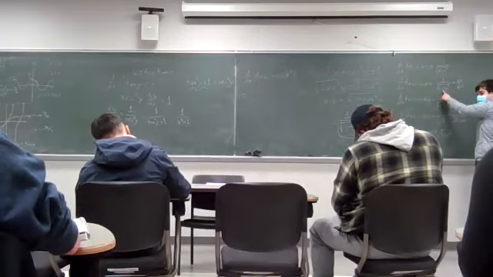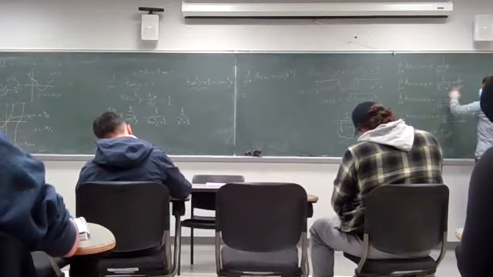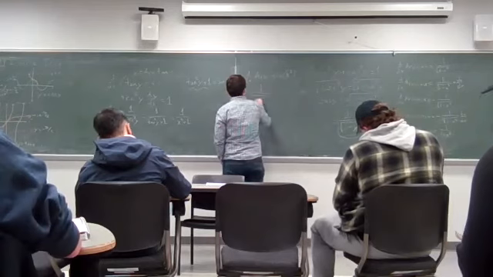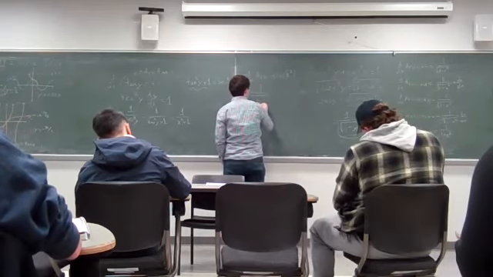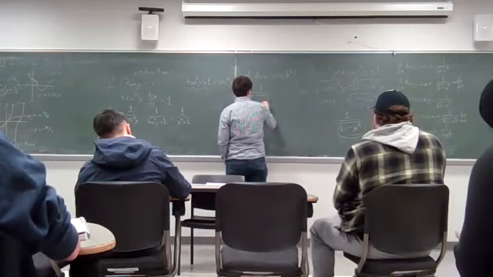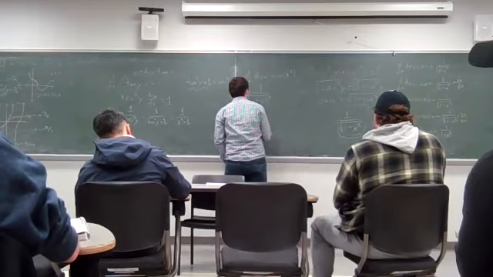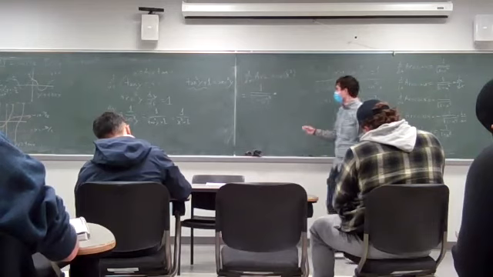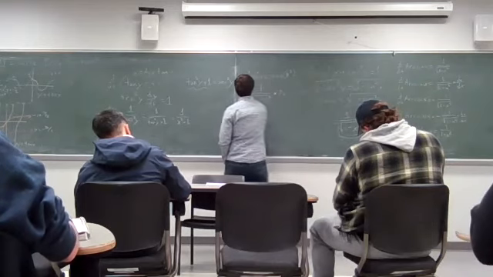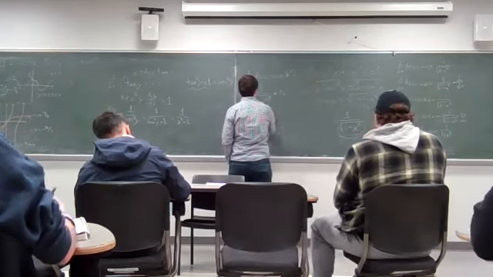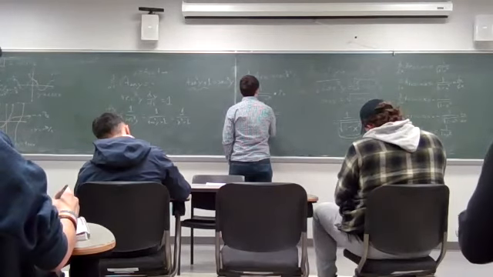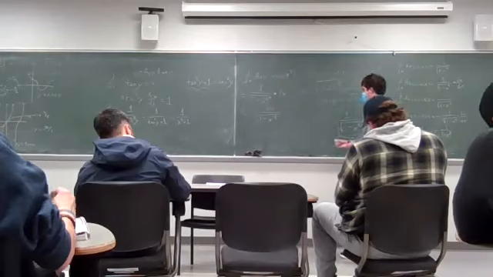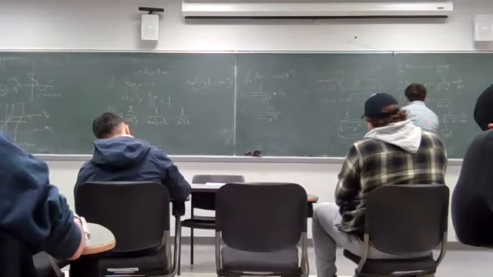I'm going to use this formula, which says it's going to be 1 over the square root of 1 minus u squared. What's u in this case? x squared, times du over dx, which is 2x. Good. So then my final answer I could write is 2x over the square root of 1 minus x to the fourth.